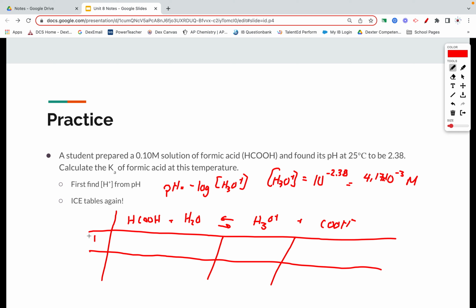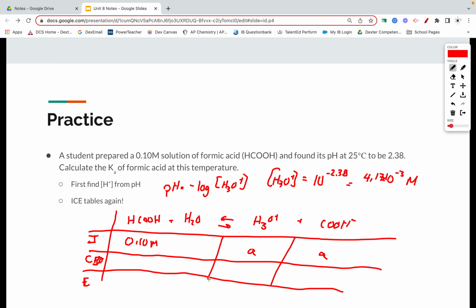All right, our initial concentration of our acid is 0.10 molarity, and then this is going to be A-, at equilibrium, our change, and then we have equilibrium.